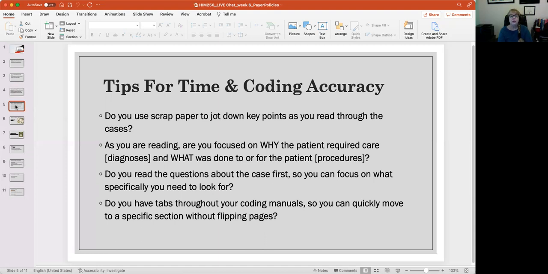But here are some tips that are going to help you while you are sitting for the exam, as well as everyday coding accuracy. You know, once you get out there and you're working for a living doing this, remember you have a great responsibility, and people depend on you. That's the thing about working in healthcare.